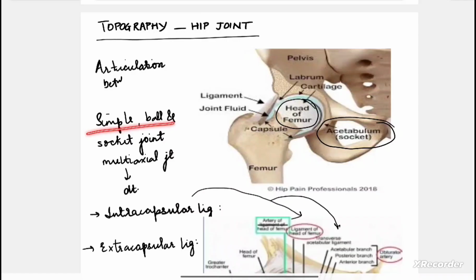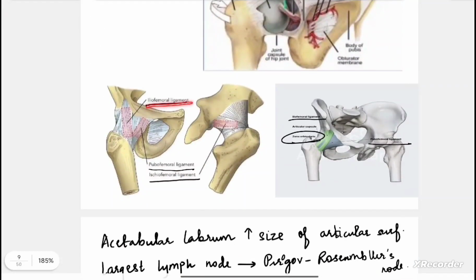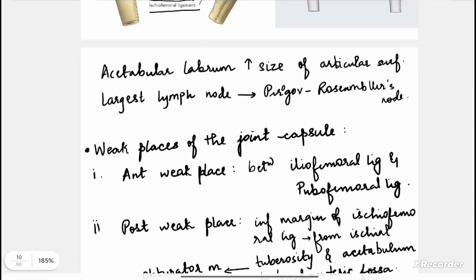It is a simple ball and socket joint, a multi-axial joint, due to the intracapsular ligaments, which are the ligamentum capitis femoris and the transverse acetabular ligament. The extracapsular ligaments are the iliofemoral ligament, pubofemoral ligament, ischiofemoral ligament, and zona orbicularis. Now, the acetabular labrum increases the size of the articular surface.